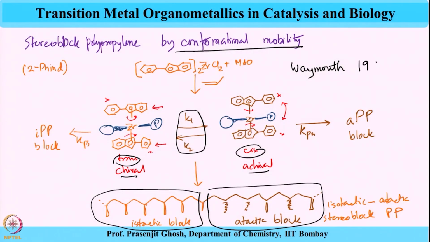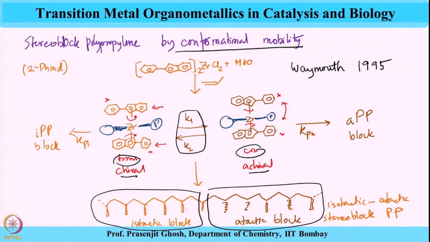So, this seminal, beautiful, elegant example that takes advantage of this conformational mobility was reported by Professor Bob Waymouth in 1995, which took advantage of this conformational mobility for producing stereoblock polypropylene.